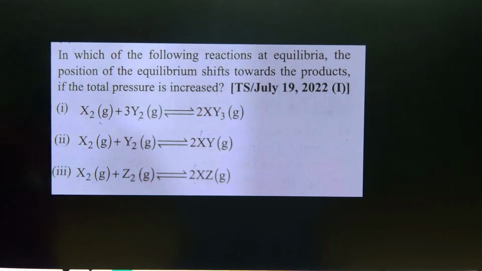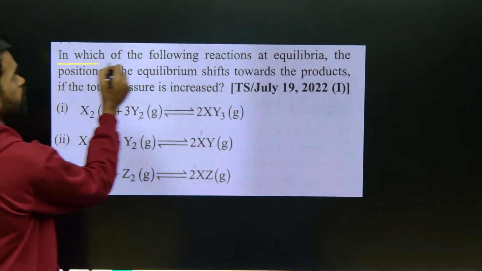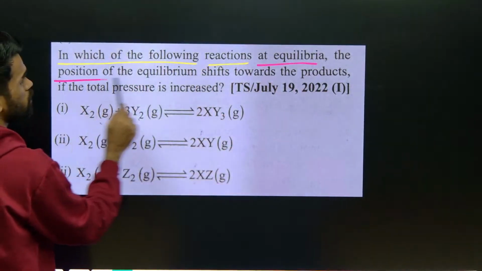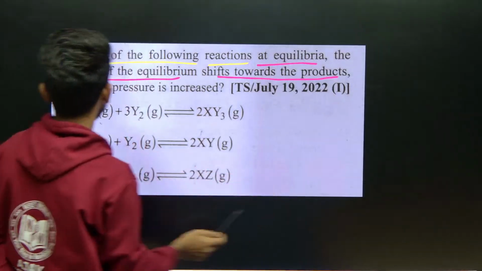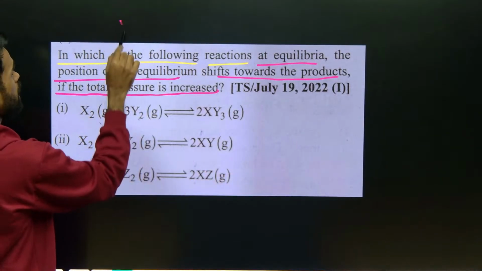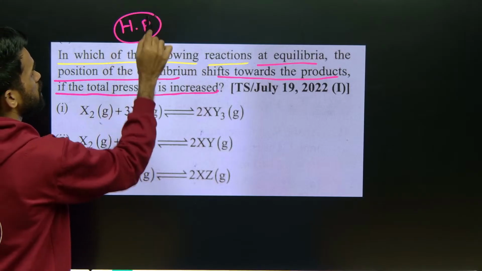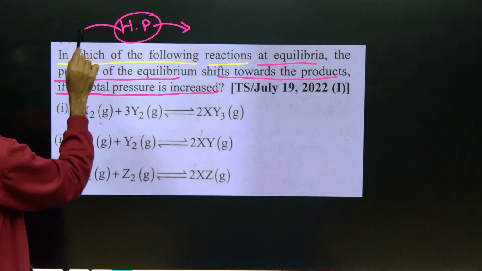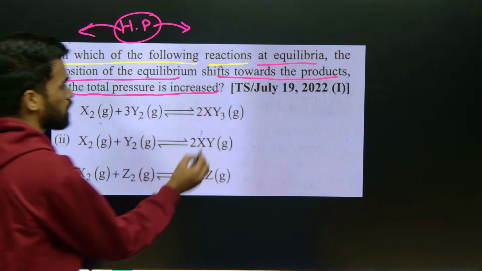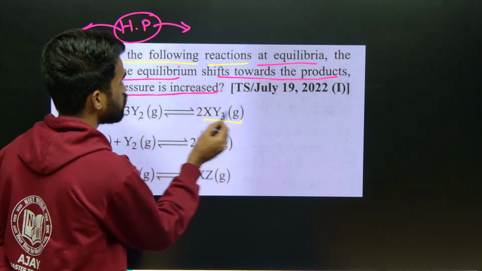Yeah, so what they are saying is, in which of the following reactions at equilibrium does the position of equilibrium shift towards the product if the total pressure is increased. It means which direction does high pressure favor, forward or backward. What I told you: if the gaseous moles of products are more, the equilibrium moves backward.